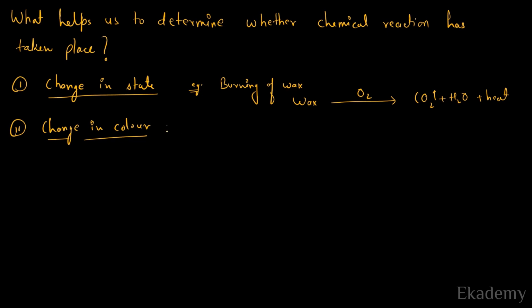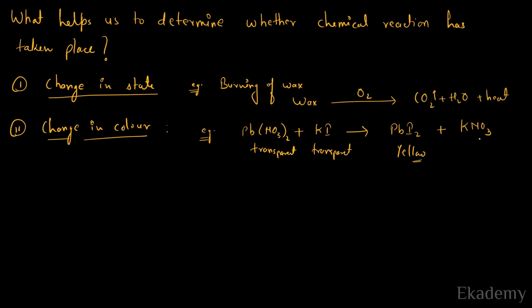So you can quote the same example here: lead nitrate plus potassium iodide forms lead iodide plus potassium nitrate. Now this is transparent, this is also transparent, this is yellow in color, and this is again a transparent liquid. So there is a change in color in this case, and the change in color indicates that some chemical reaction has taken place.